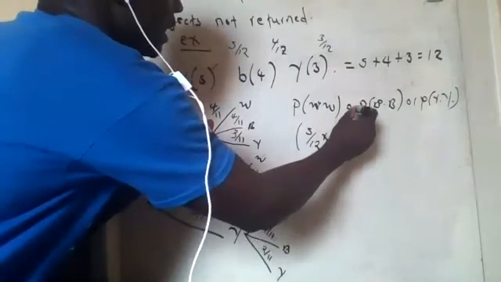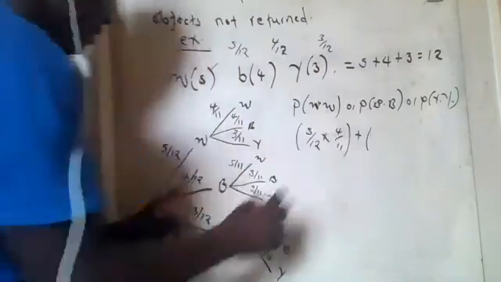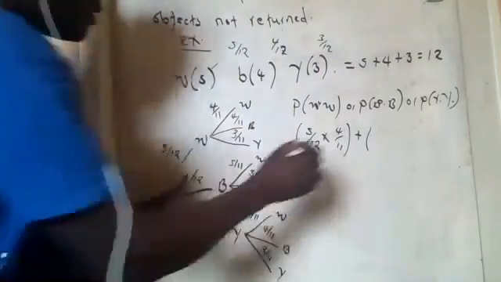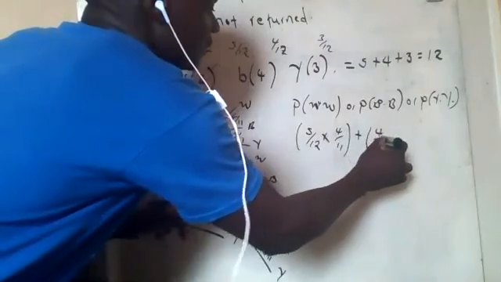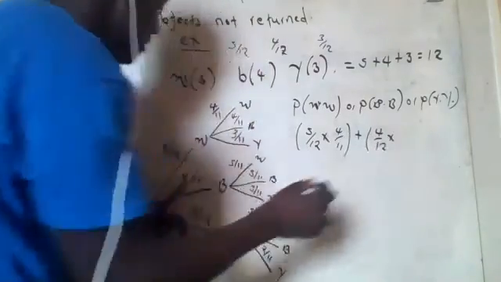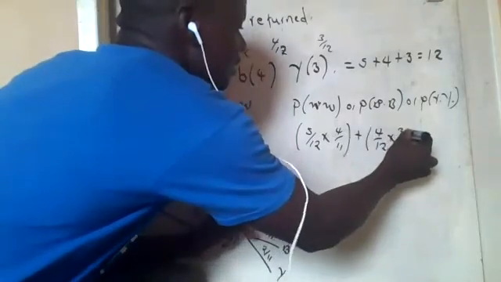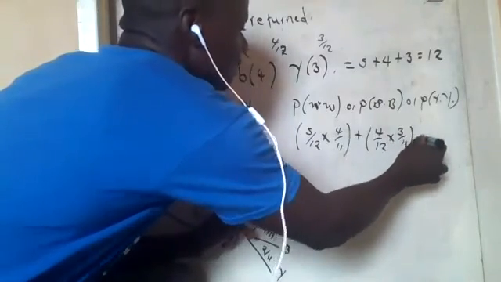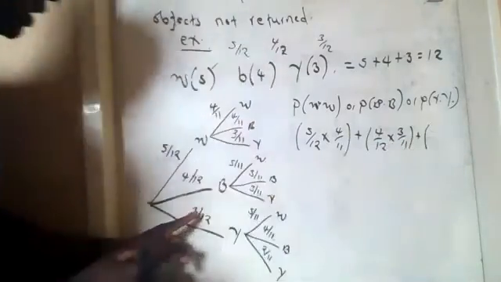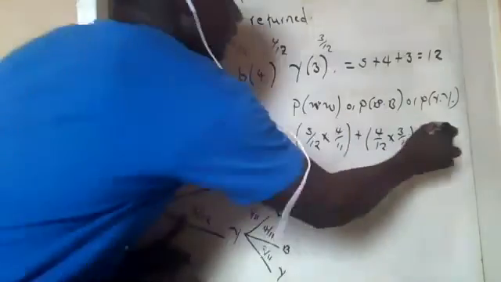Or we are going to add, now the blue is 4/12 multiplied by the other blue on the blue branch, which is 3/11. We add the yellow, 3/12.